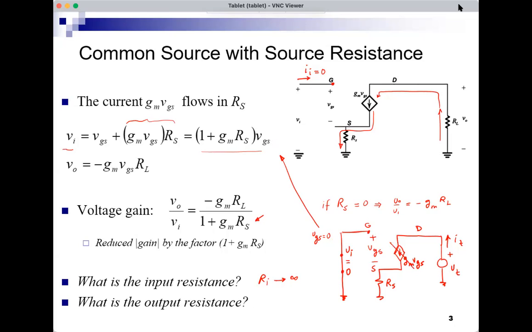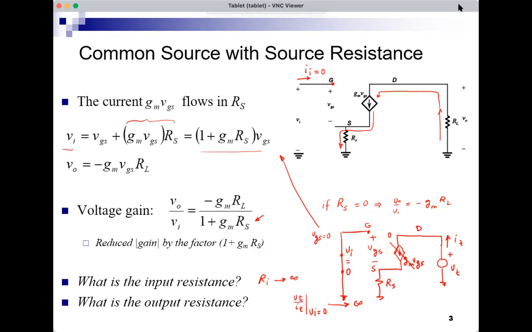And if VGS is 0, this means that this current is 0. So if this current is 0, I test is 0. So V test over I test, which is the output resistance, with VI 0, goes to infinity, which means that the output resistance also in this case is infinite. So the output resistance is infinite and the input resistance is infinite.